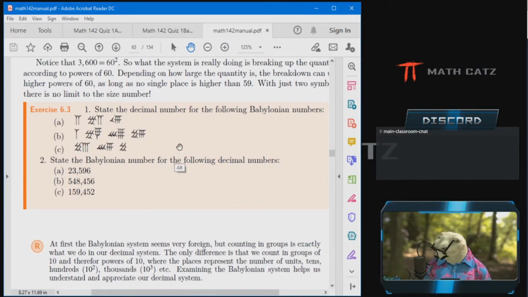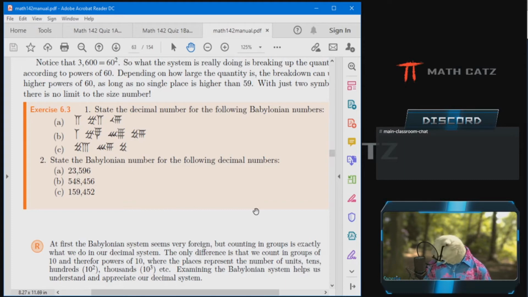Okay. So again, right now we're getting used to things. So that means we are just focusing on the conversion from Babylonian to decimal, from decimal to Babylonian. We don't have a lot of different questions that we have to do. This is one of them.